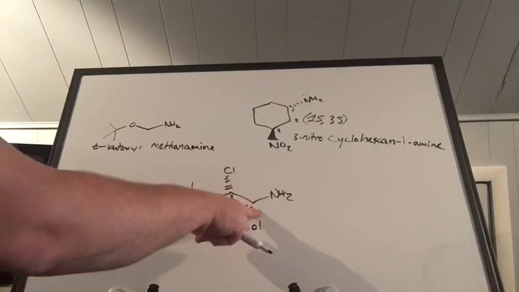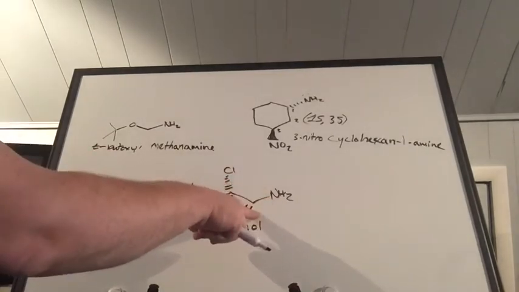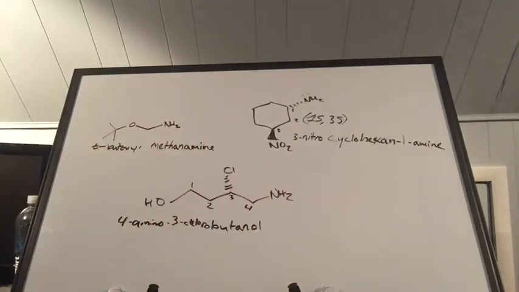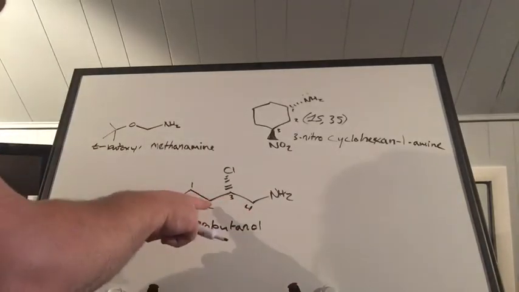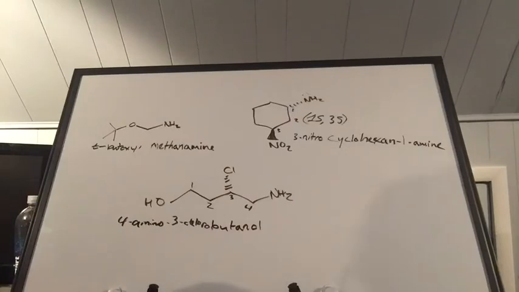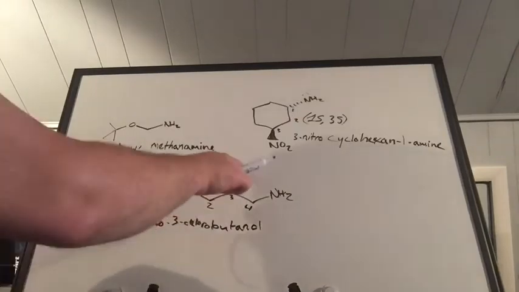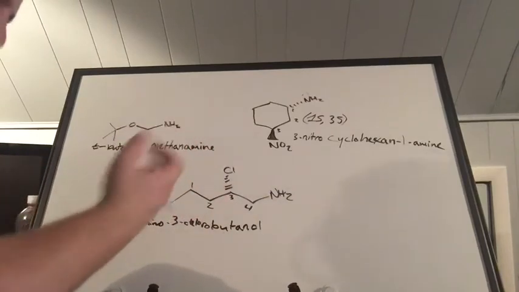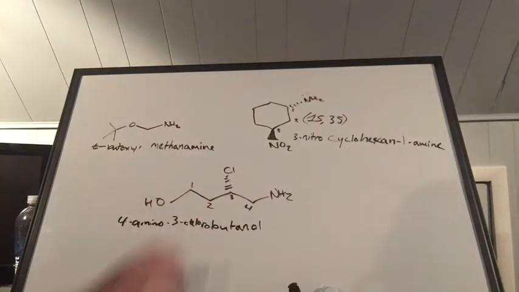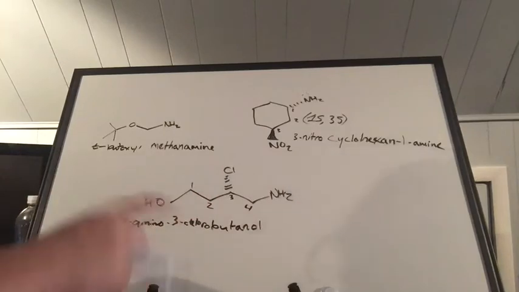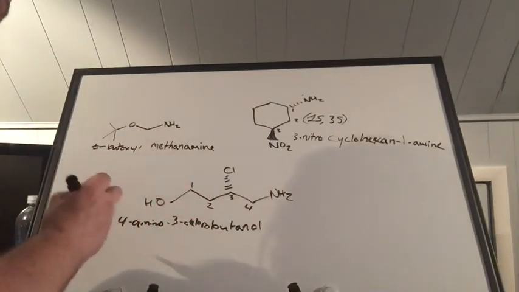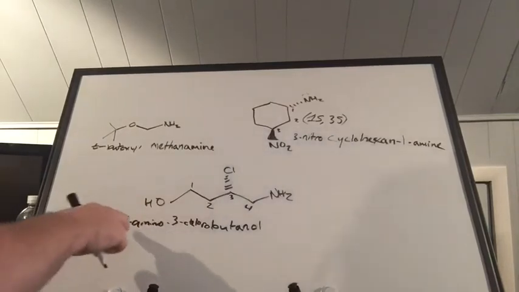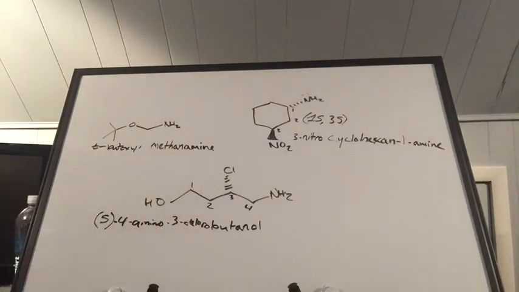Next is going to be this methylene amino. So that's going to be the tiebreaker from what's over here. So it's going to go 1, 2, 3. Now, again, we need to have that flipped out onto the outside. So as we see it, it's going to be R, but since we have to flip it, it's going to be S. Okay, so it's going to be S-4-amino-3-chlorobutanol.